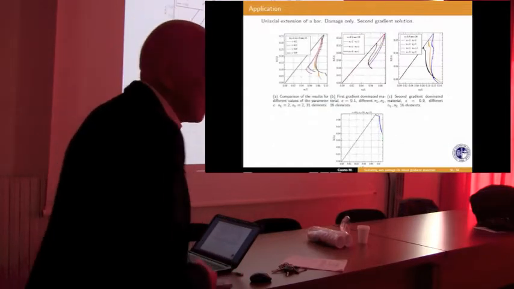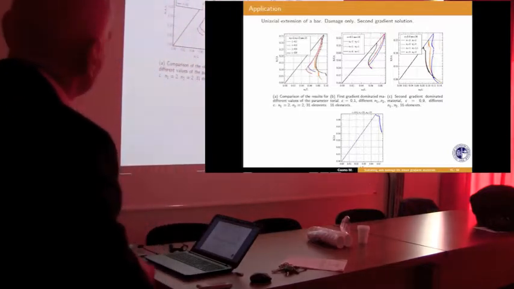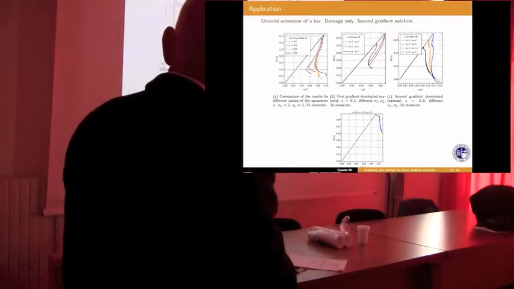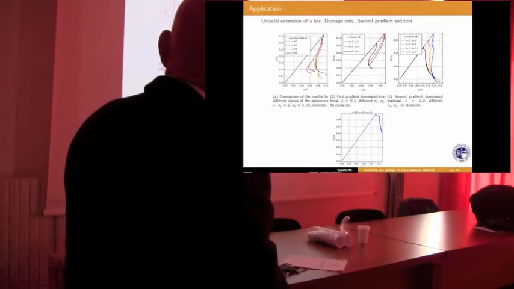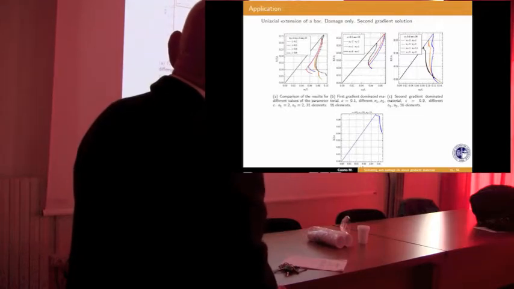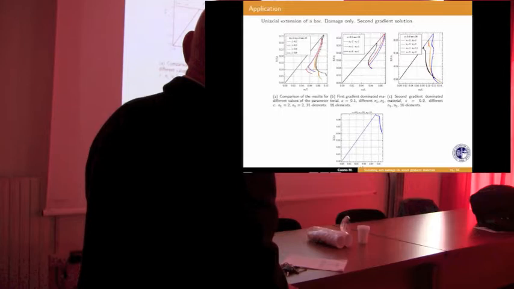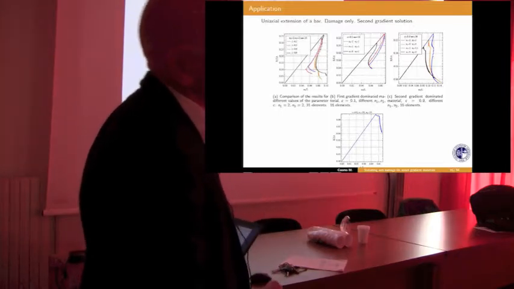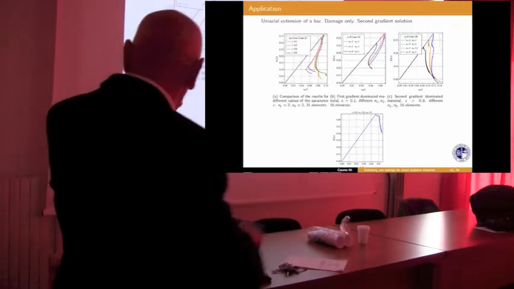And there are some numerical solutions obtained with the pure damage model for some combinations of data. In any case, we have very sharp snapback. I didn't normalize the threshold, so we have different thresholds, but I should have probably normalized it.